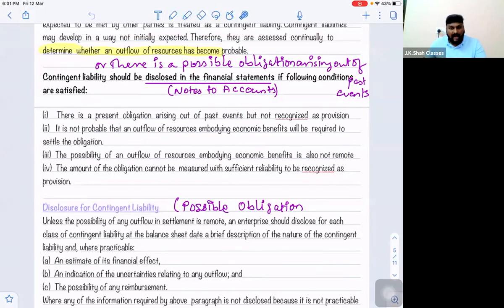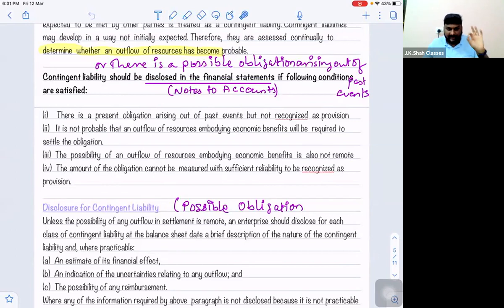And lastly, the amount of the obligation cannot be measured with sufficient reliability to be recognized as a provision. So if these 4 conditions are satisfied, where will you take the contingent liability? Notes to accounts. Correct? Right? But if outflow becomes probable, record a provision. If outflow becomes remote, ignore. I hope you get this point.